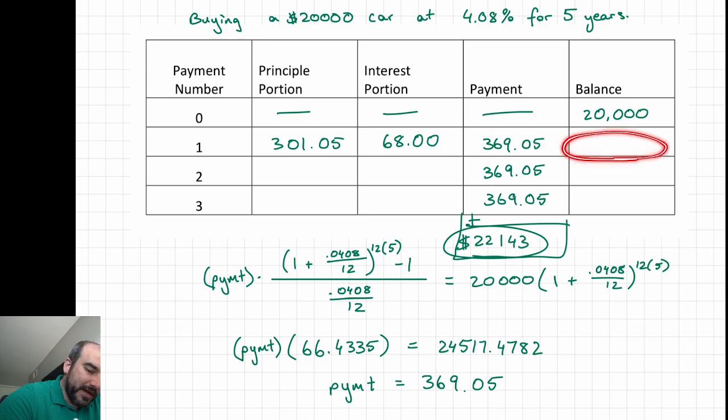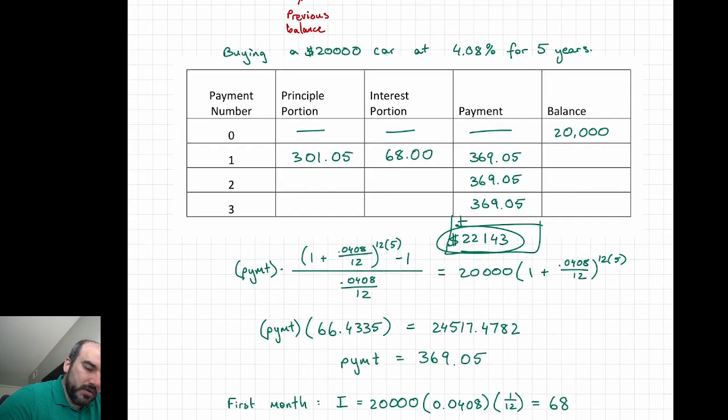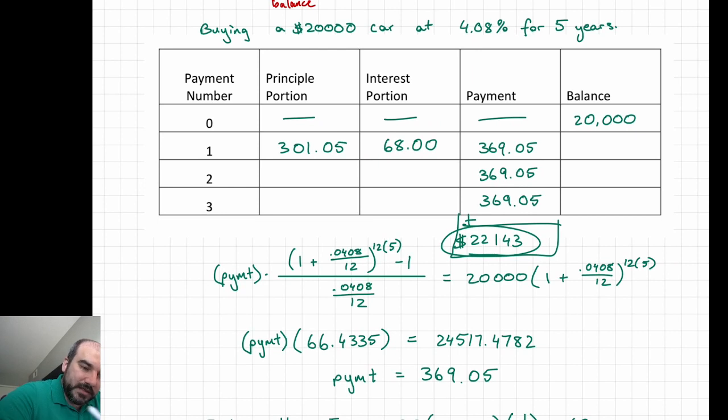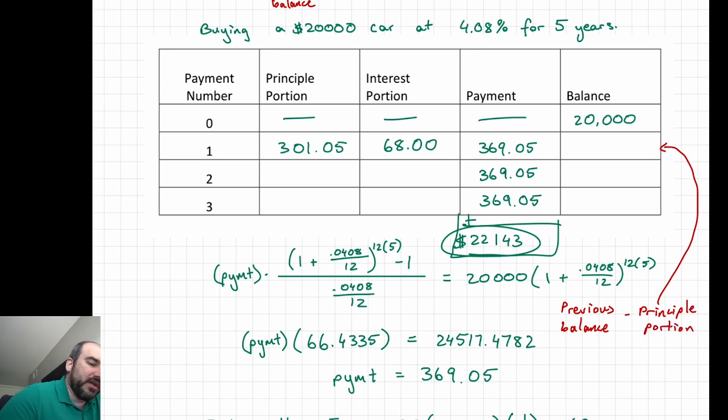So that makes sense that to find this next balance, we are going to do previous balance minus principal portion, because the principal portion of your payment is the only thing that's going to reduce this balance, right?